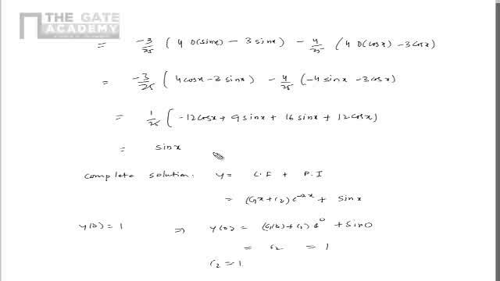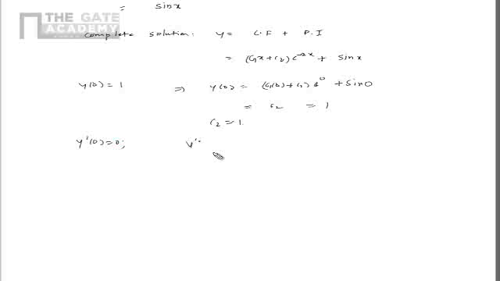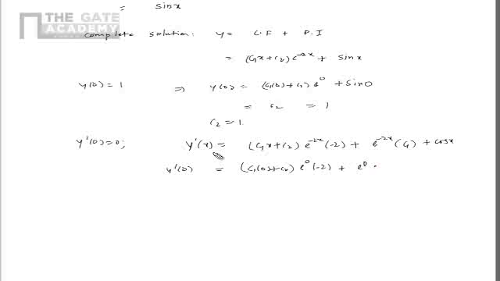Now y dash of 0 is 0, so let's first differentiate and find y dash. That is nothing but c1 e power minus 2x plus (c1x plus c2) times, by chain rule, minus 2 e power minus 2x, plus cos x. Now y dash of 0 will be c1 e power 0 plus c2 e power 0 times minus 2 plus cos 0.